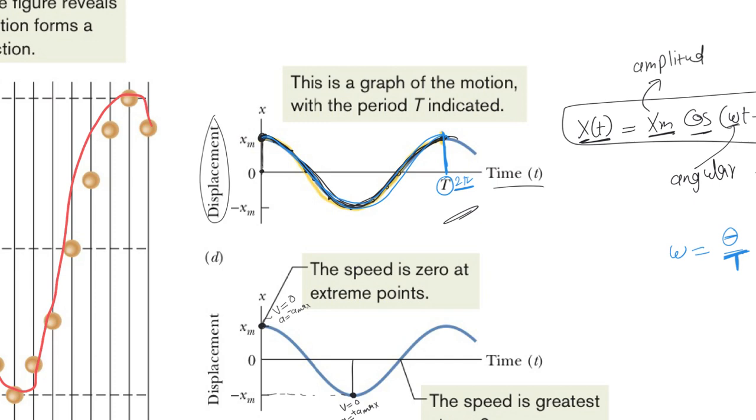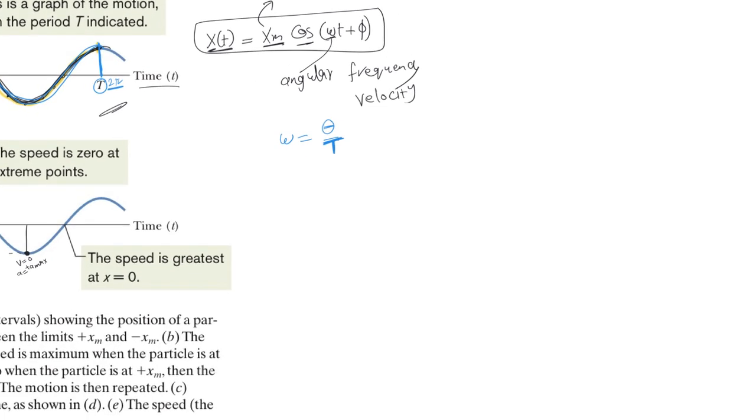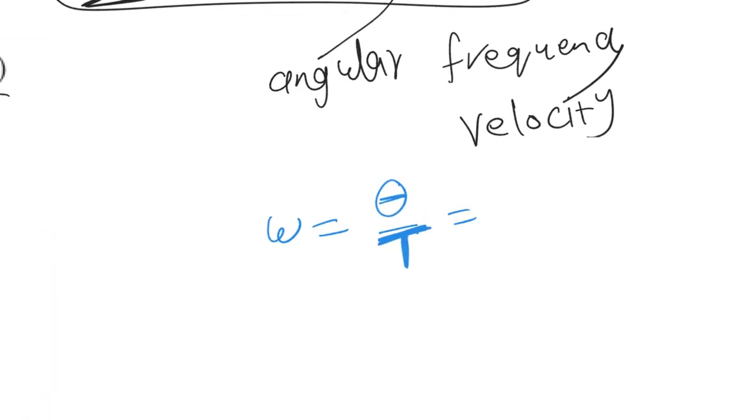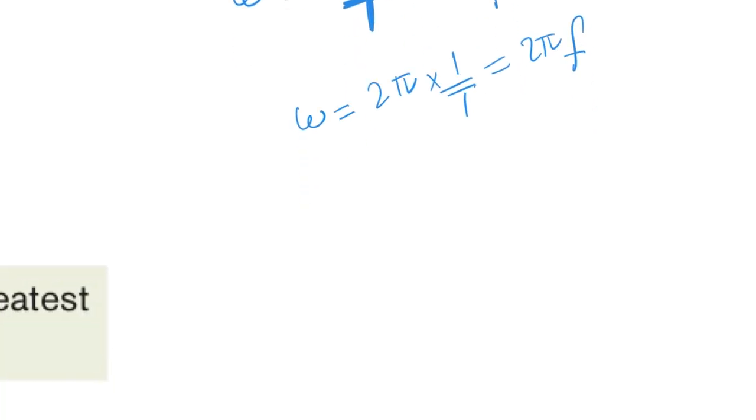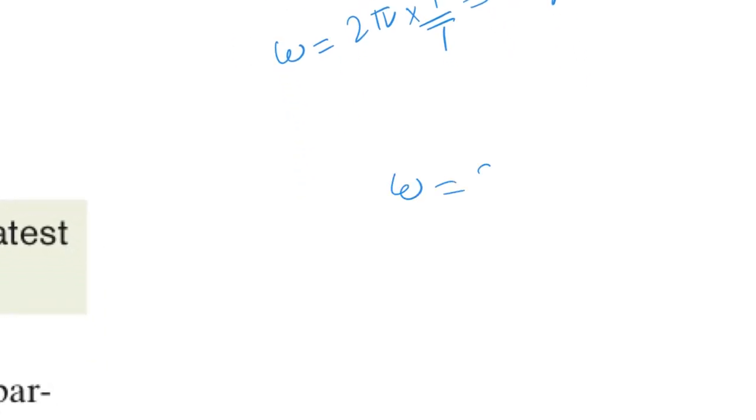So we can write here, for one oscillation, omega is 2 pi over T. Now omega equals 2 pi multiplied by 1 over T. So 1 over T is f. So the angular frequency is 2 pi f.